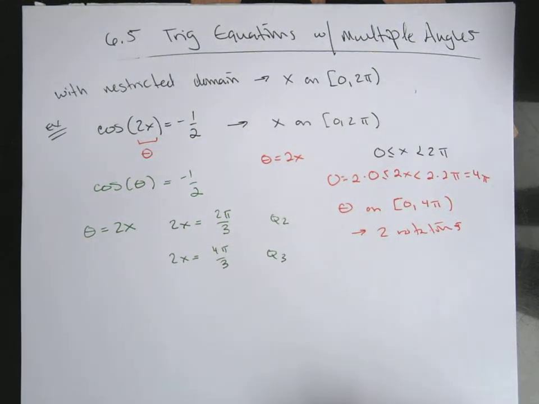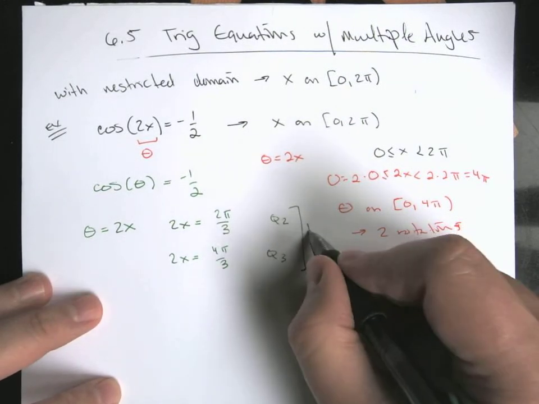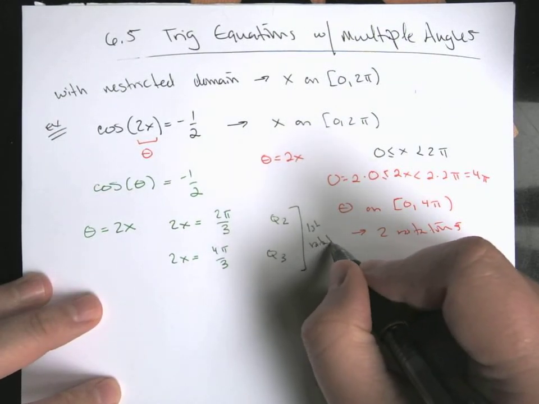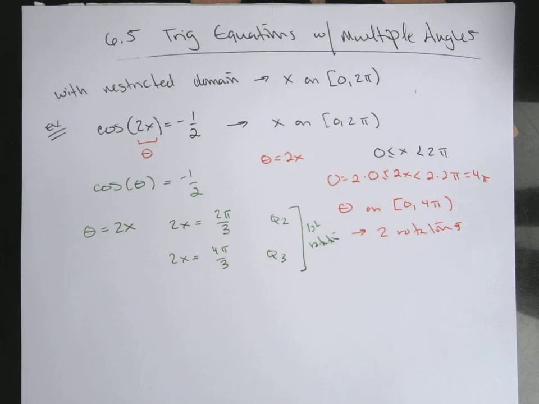Quadrant 1 and quadrant 4 are not anything, right? So this is our first rotation, those two angles.